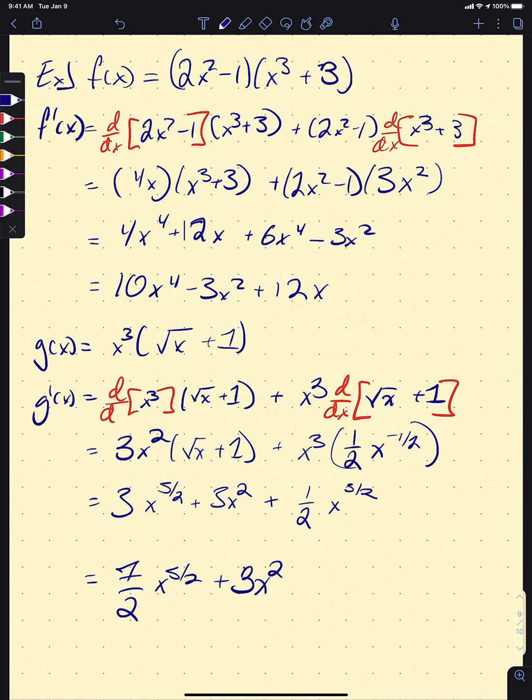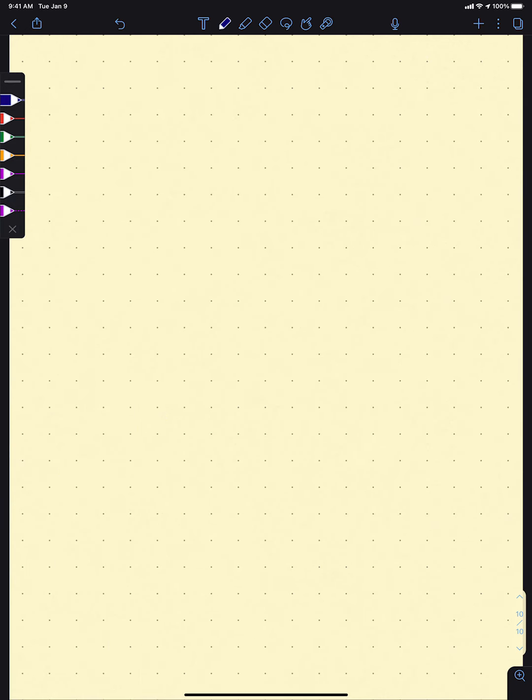So we've done sum and difference, we've done product, and now the natural next step is to investigate what happens when you look at the derivative of a quotient, okay? And what should happen here, right?